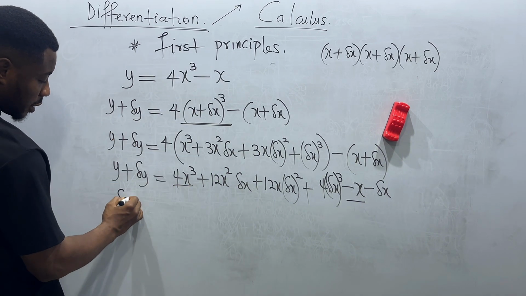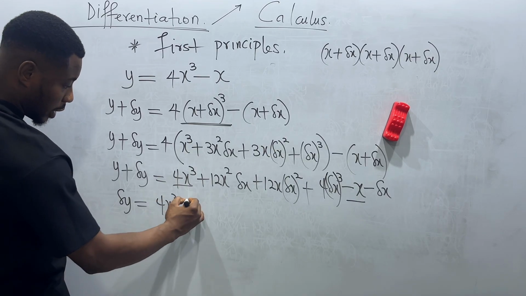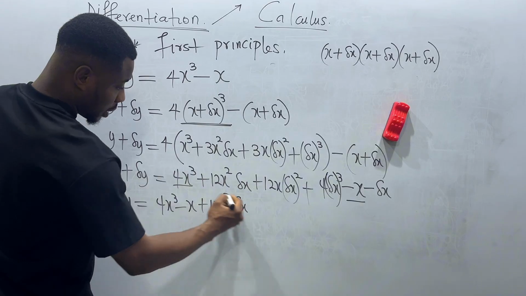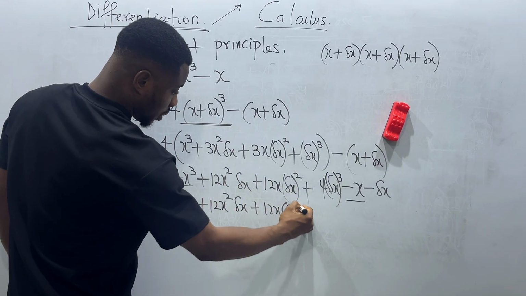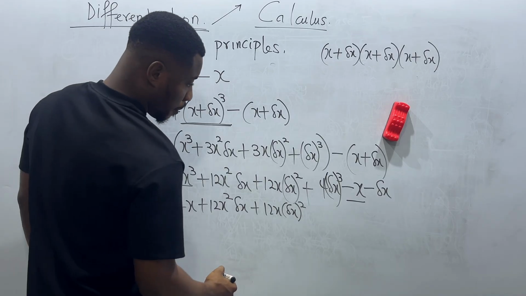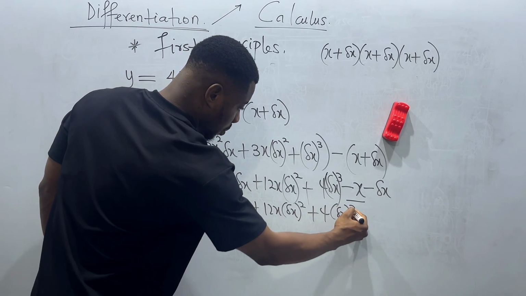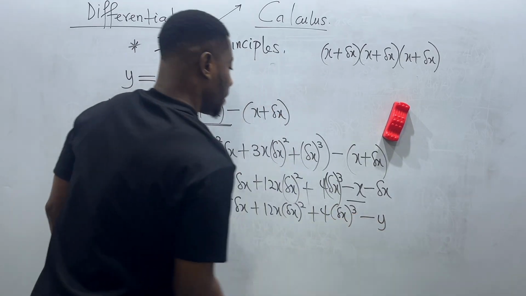So I have that change in y is equal to 4x cubed minus x plus 12x squared change in x here plus 12x change in x squared, then plus 4 change in x cubed. Then if I move y to this side, I'm having minus y.